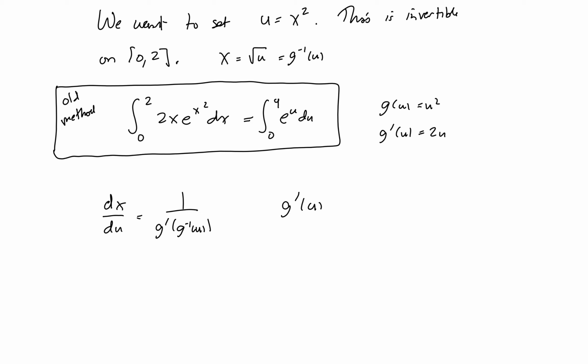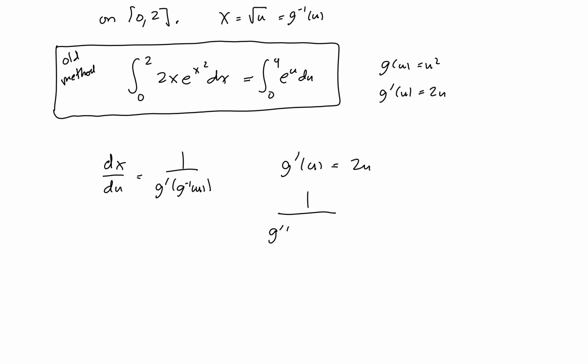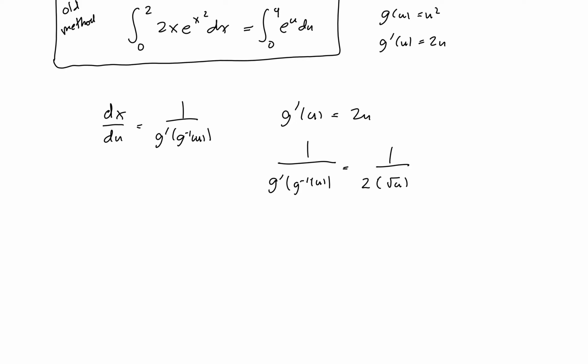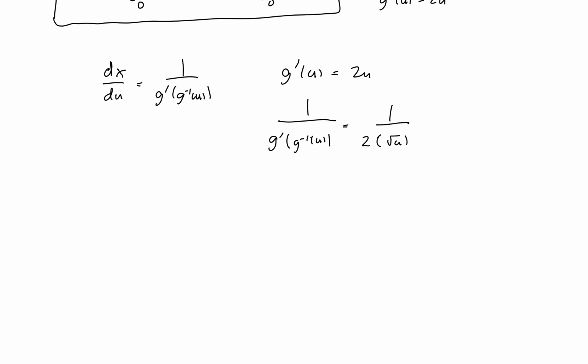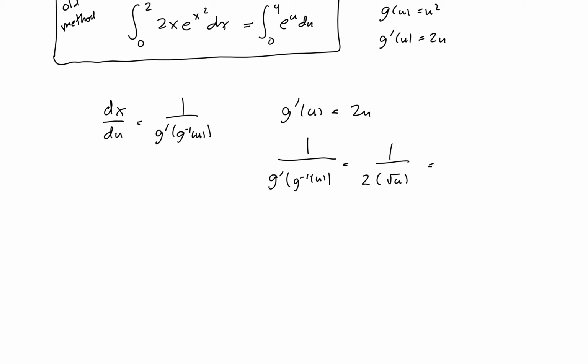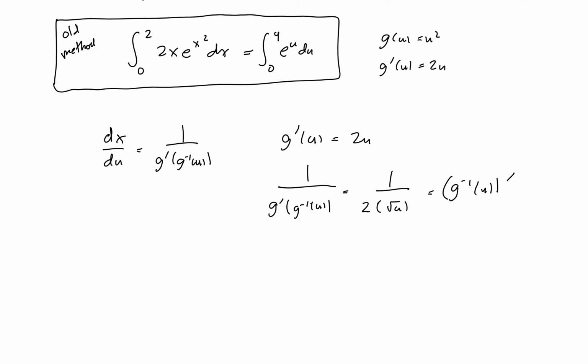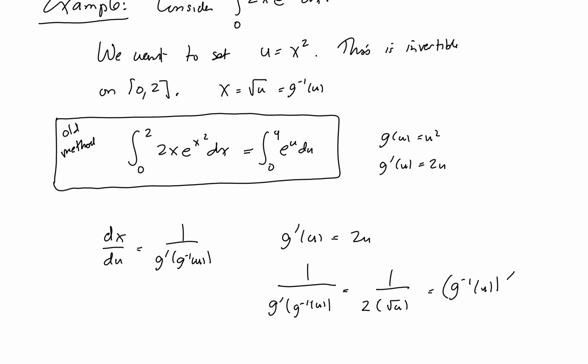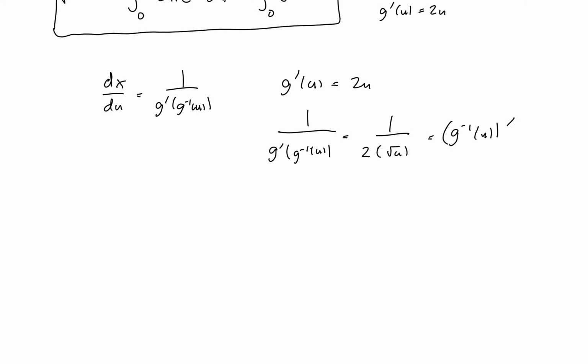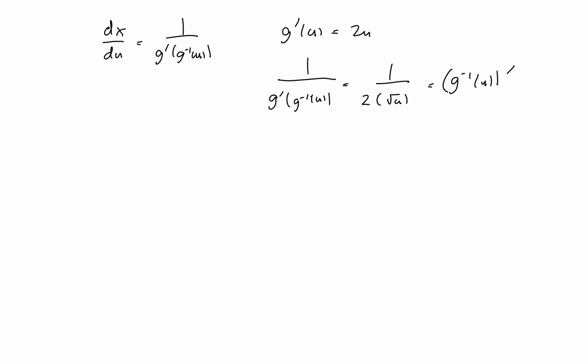So 1 over g prime of g inverse of u would be 1 over 2 square root of u. You can also just take the derivative directly, and you can check that exactly because we know what the inverse is in this case. So we don't need the formula from before, but that shows that our formula does actually work.